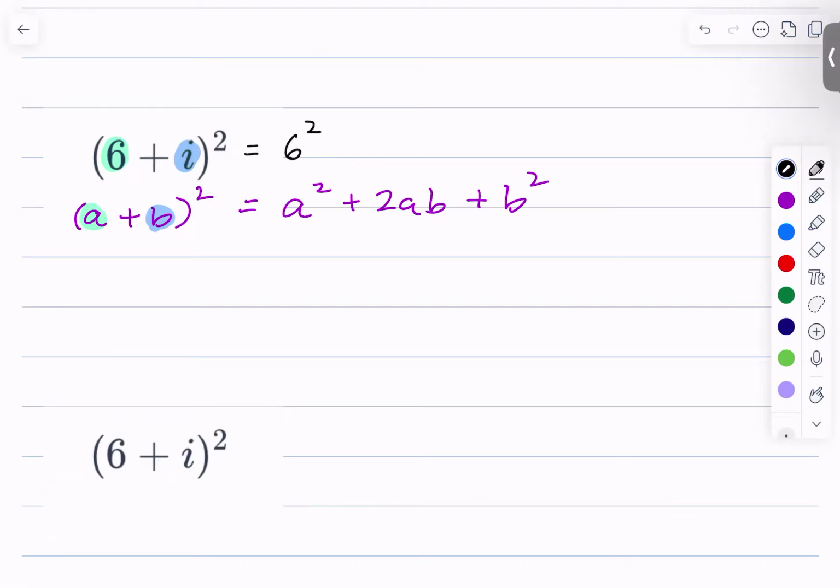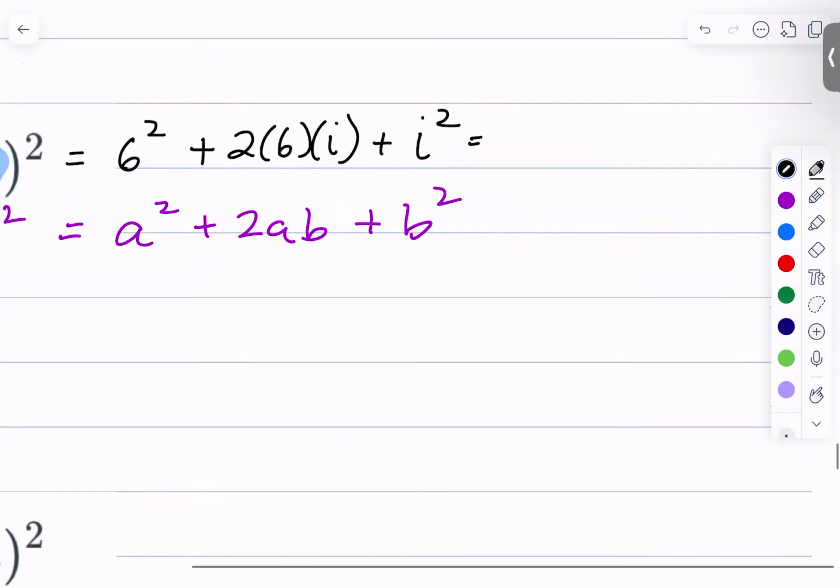And wherever I see a b, I'm going to put an i. So plus 2ab is times 6 times i. Plus b squared is i squared. Everybody understand?